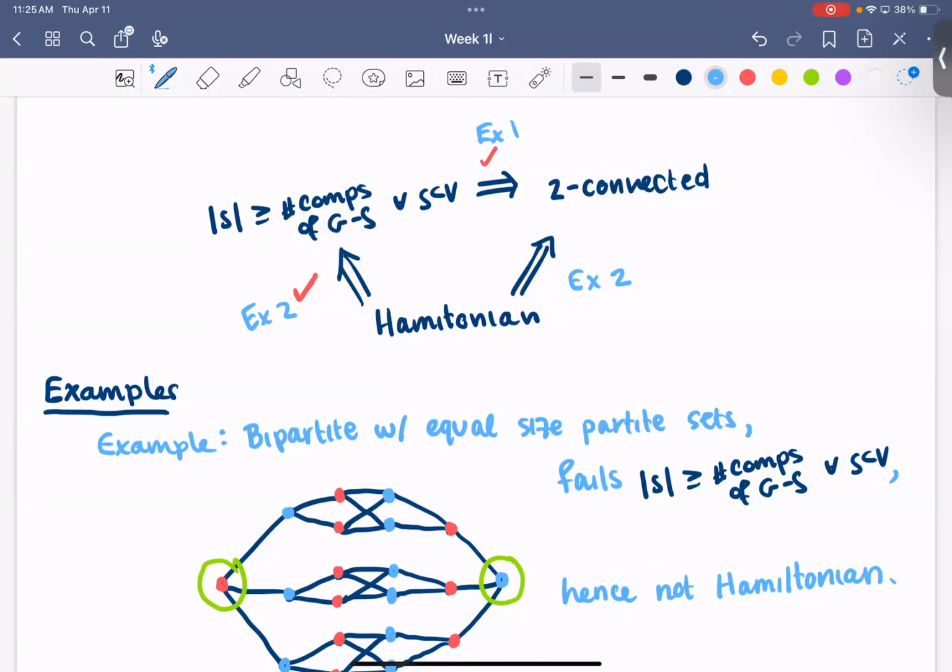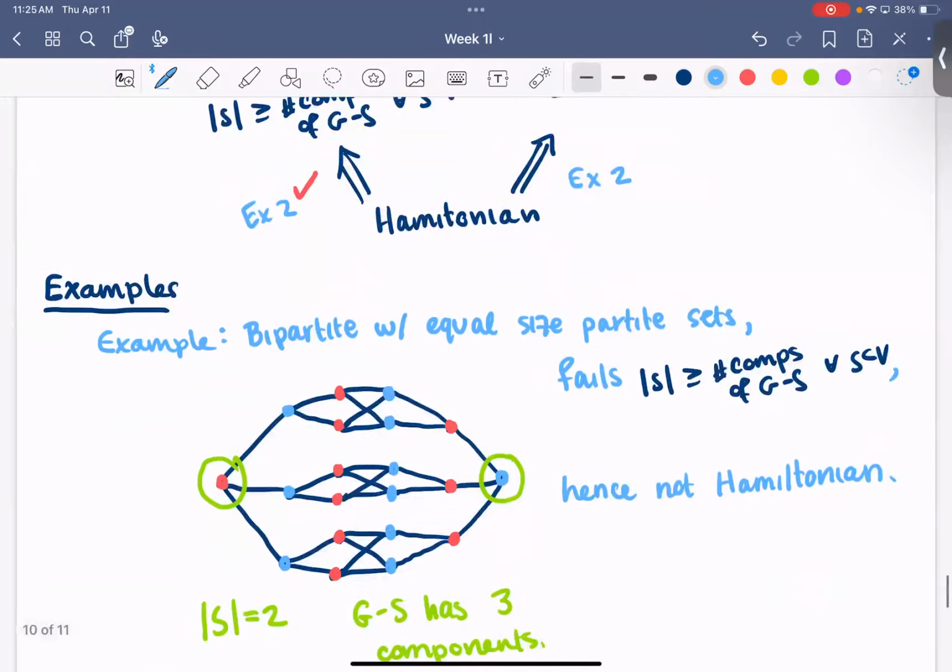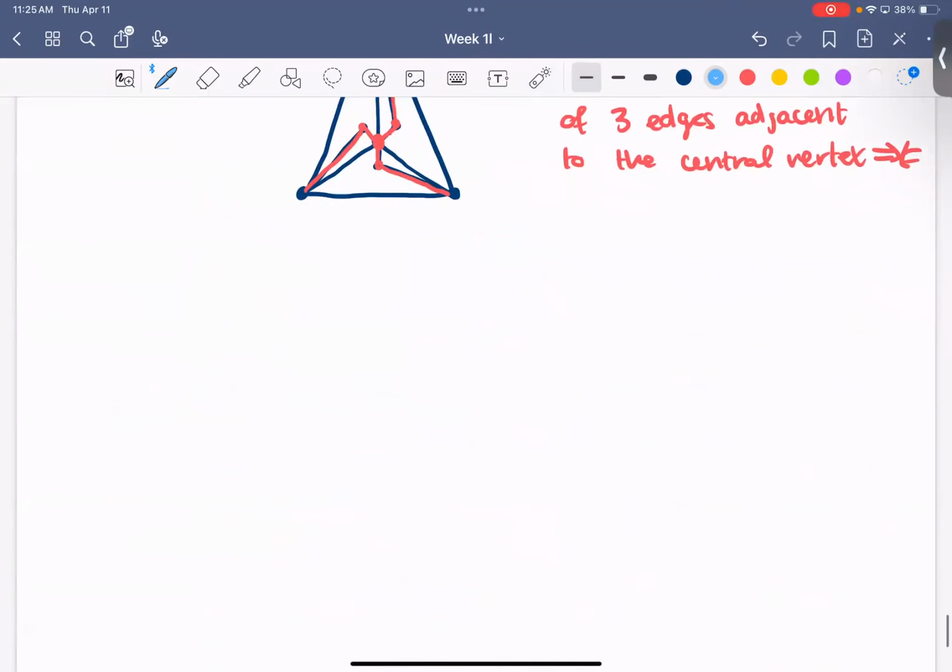Okay, so now we're going to switch to talking about sufficient conditions for a graph to be Hamiltonian. The idea here is that if every vertex has enough choices, then the graph will be Hamiltonian.